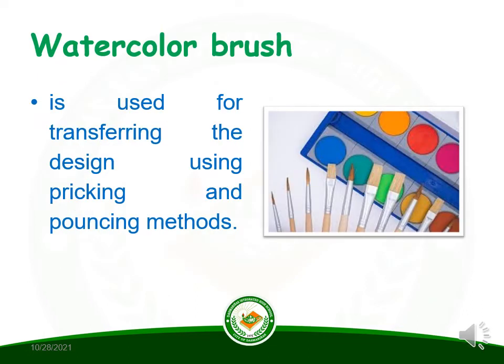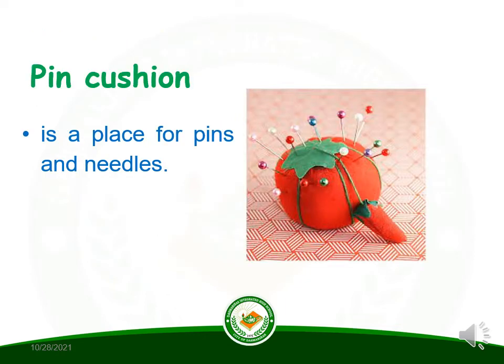Watercolor brush is used for transferring the design using pricking and pouncing methods. Pin cushion is a place for pins and needles, especially when the pins and needles are not in use.